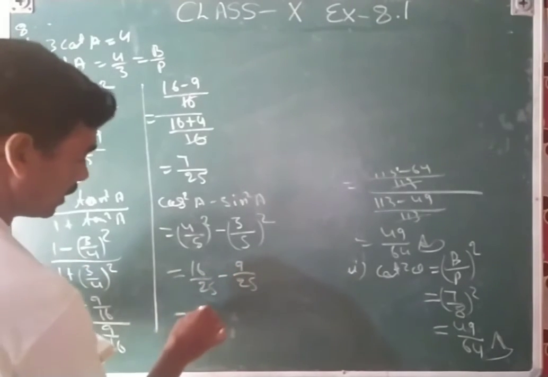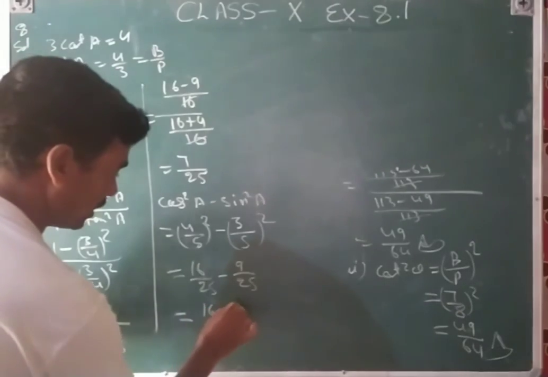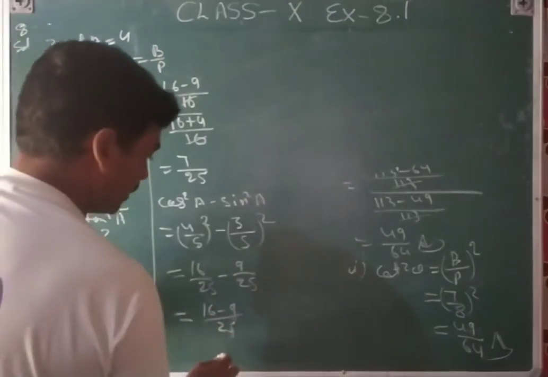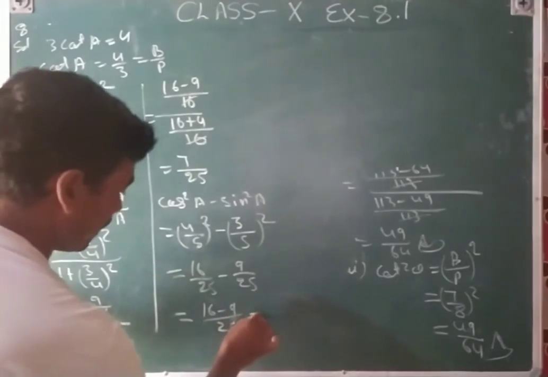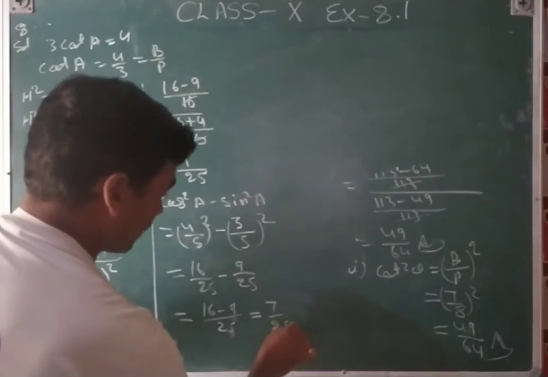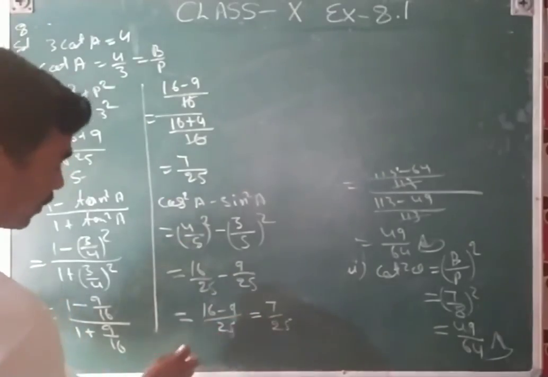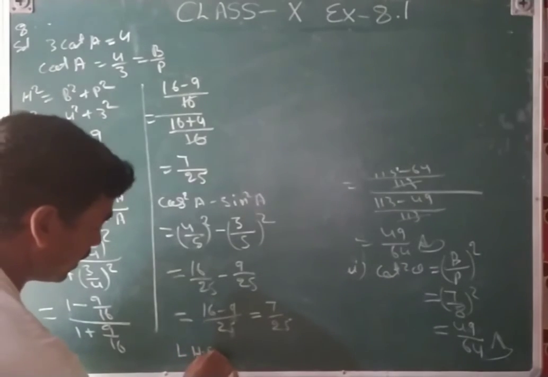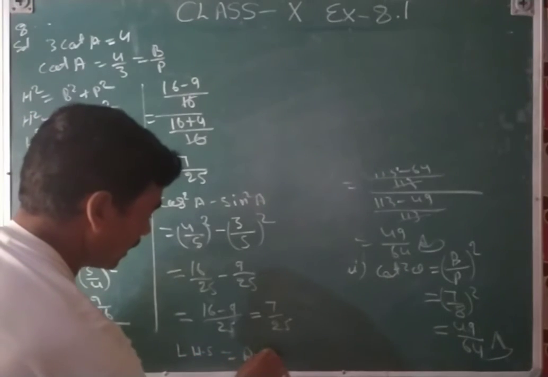By the LCM, that 16 minus 9 upon 25, that will be 7 upon 25. So you are looking, both are equal. So we will write left hand side is equal to right hand side.